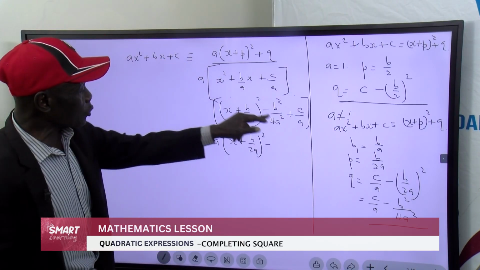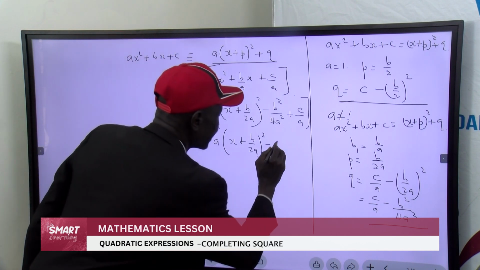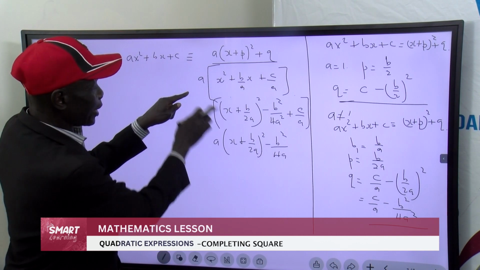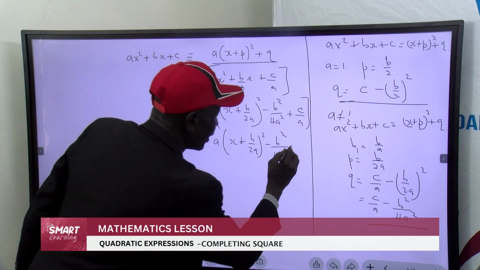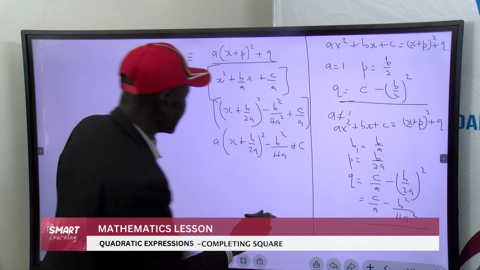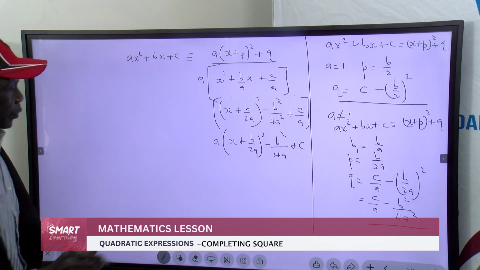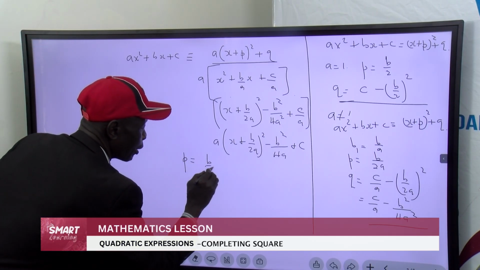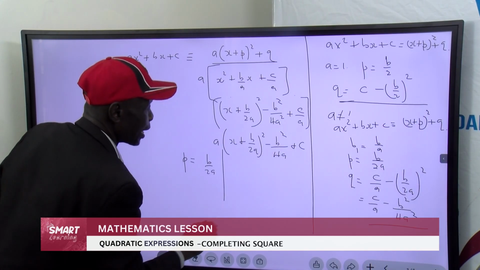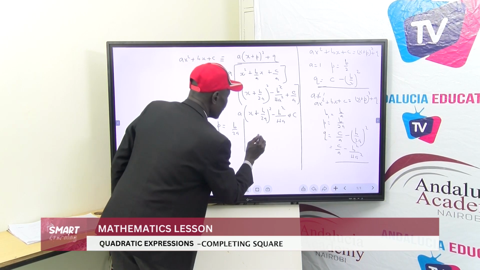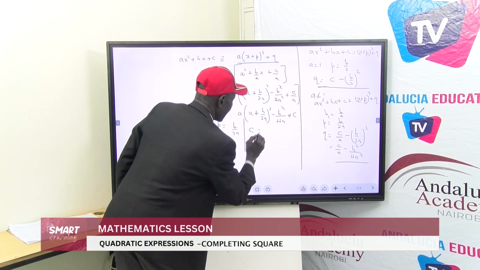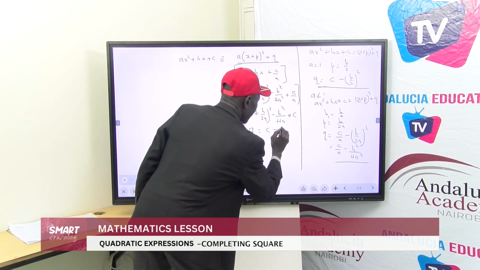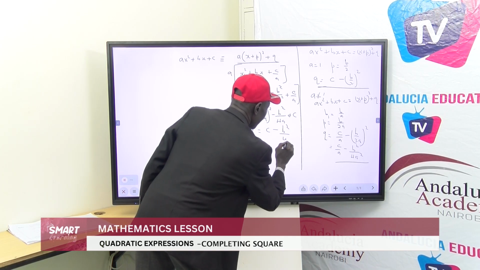Now if I multiply this one by a, I'll get b squared over 4a, because this a will cancel with one of the a's, plus c. So you can see how we are going to get our p and q. So our p is still going to be equal to b over 2a, but our q is going to be equal to c minus b squared over 4a.